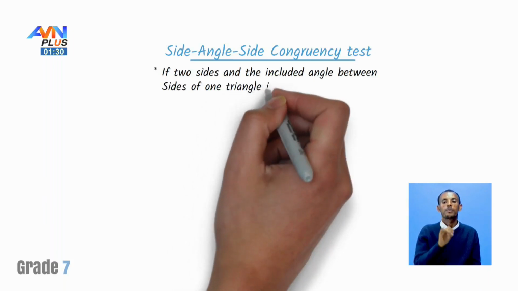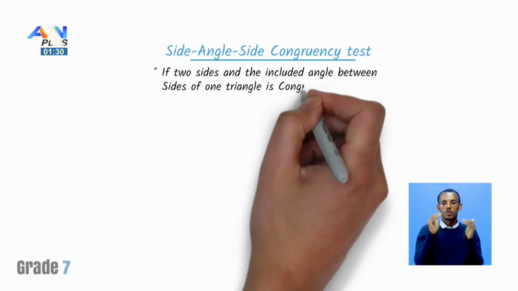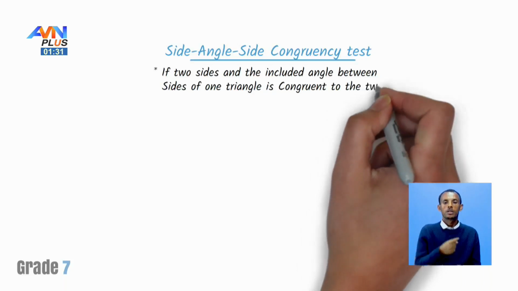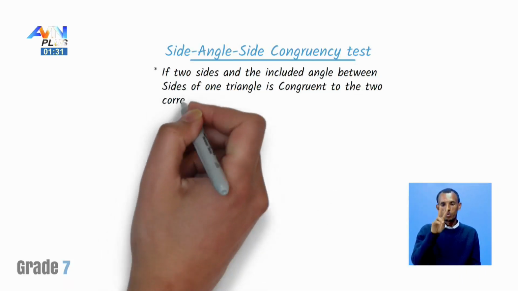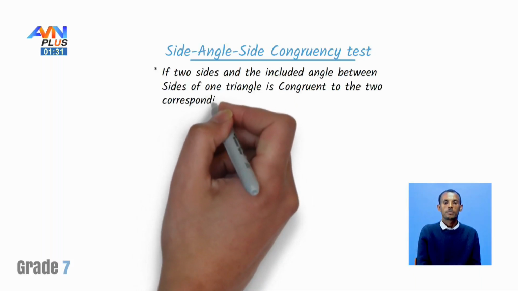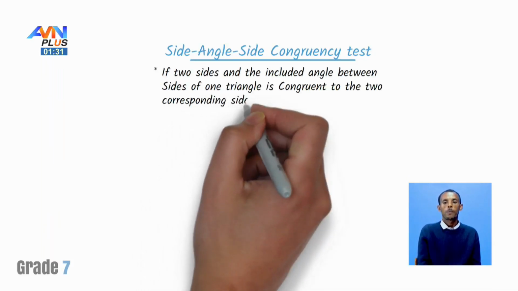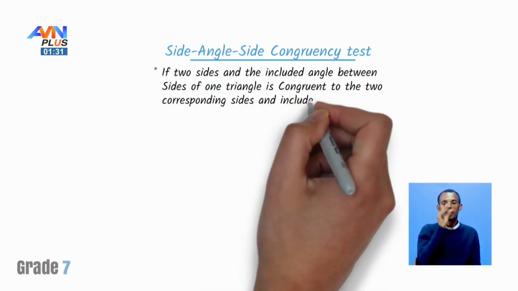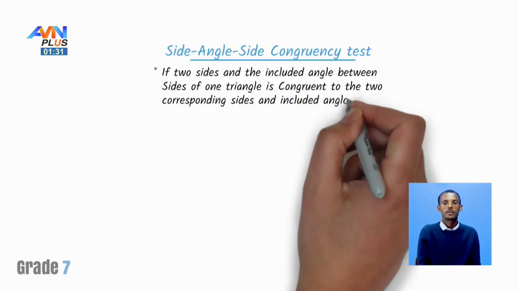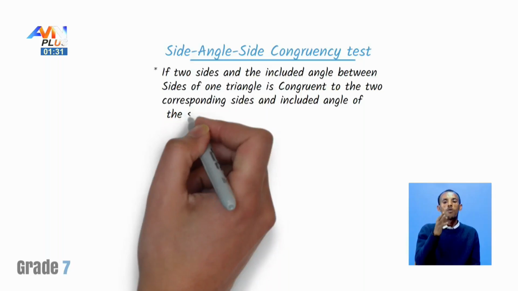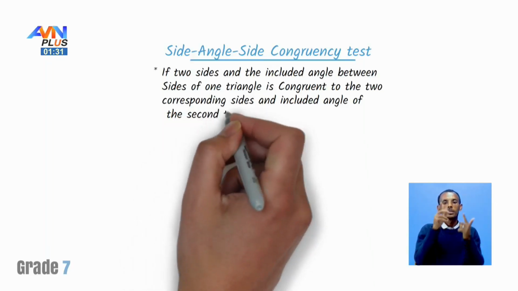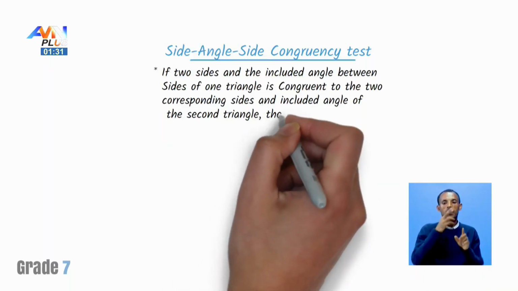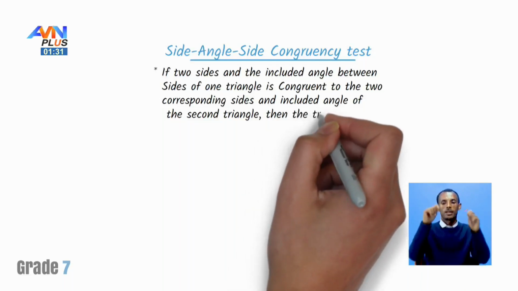are congruent to the two corresponding sides and included angle of the second triangle, then the triangles are congruent.